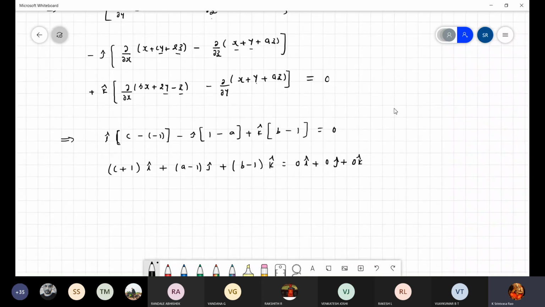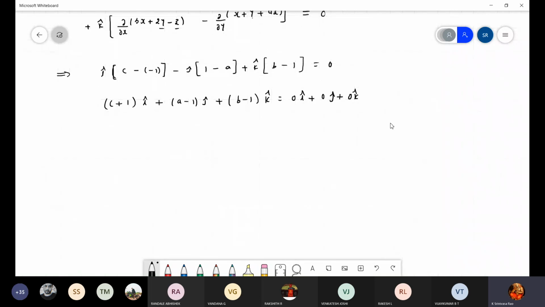Because we have to compare the corresponding components of the two vectors, this implies c + 1 equal to 0, a - 1 equal to 0 and b - 1 equal to 0. So c equals -1, put it in a box, a equals 1 and b equals 1, correct?